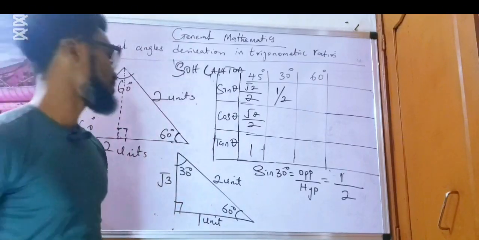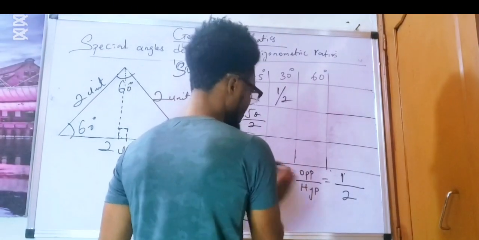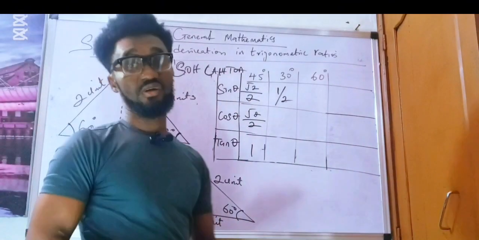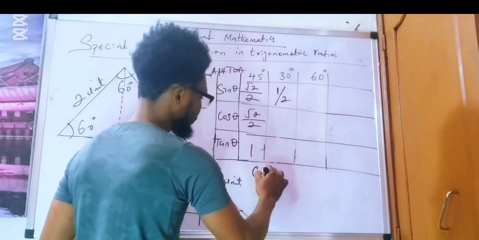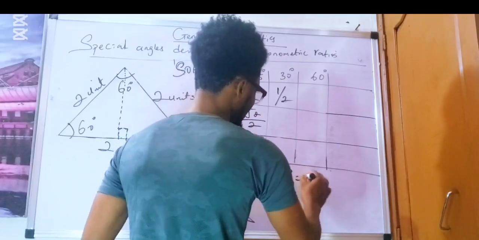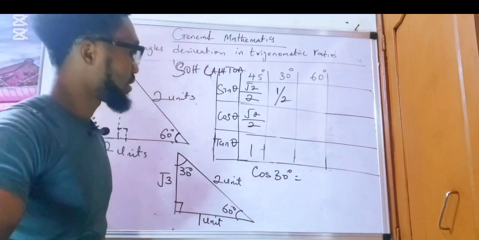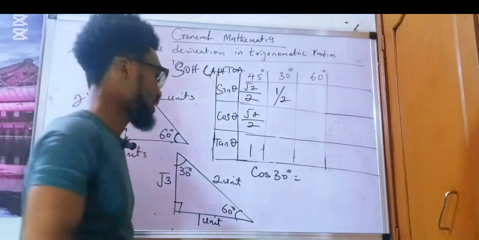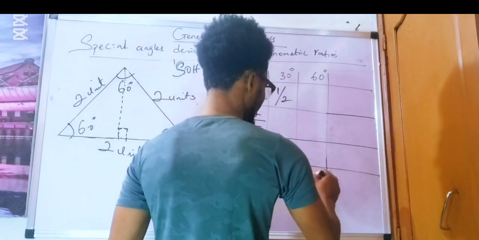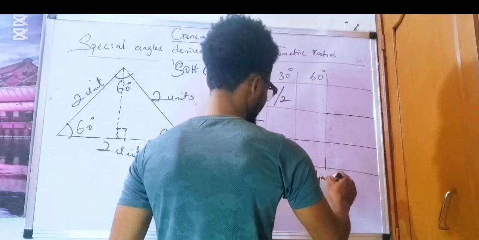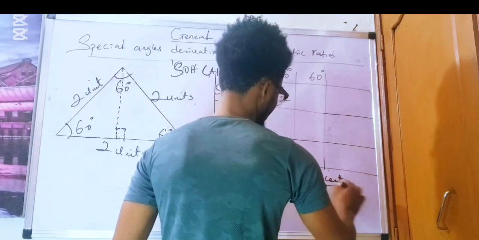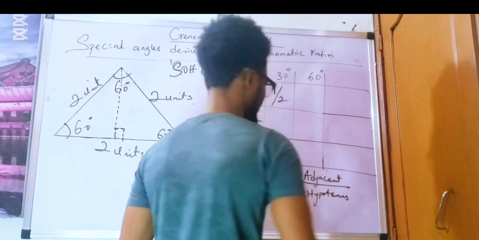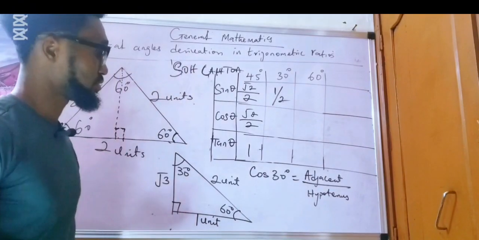Next up, we consider the cos of 30 degrees. So what about cos of 30 degrees? Remember, the cos function here is what? Adjacent over hypotenuse. So we'll have adjacent over hypotenuse.